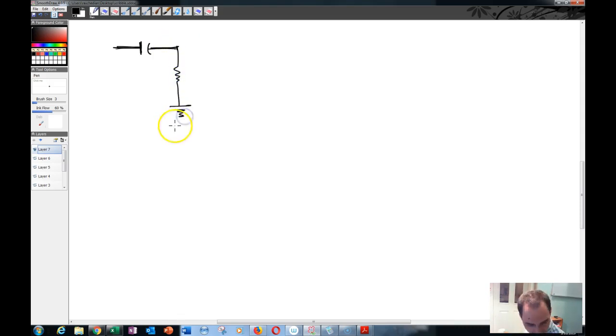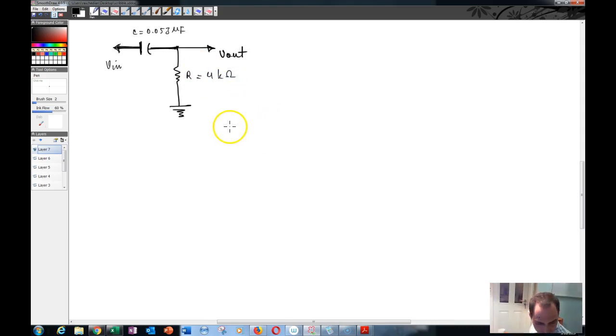This resistor goes to ground, and then over here you have your V of out, and this is your V of in. Okay, so this is a capacitor, C is equal to 0.053 microfarad, and R is equal to 4 kilo ohm, for example.